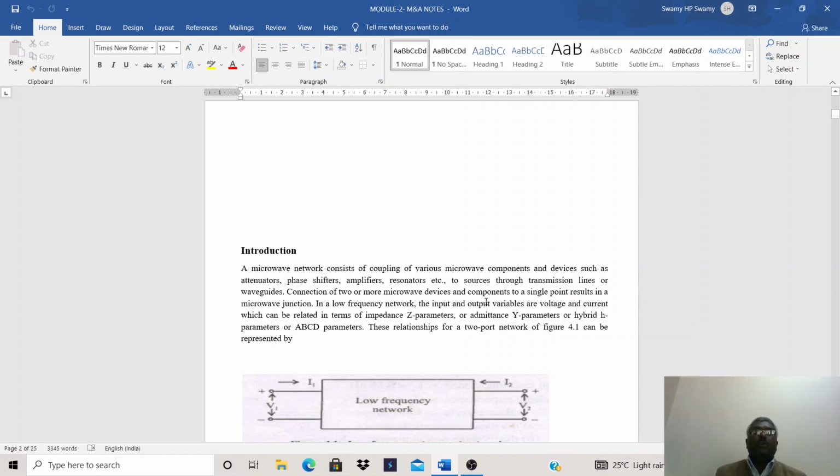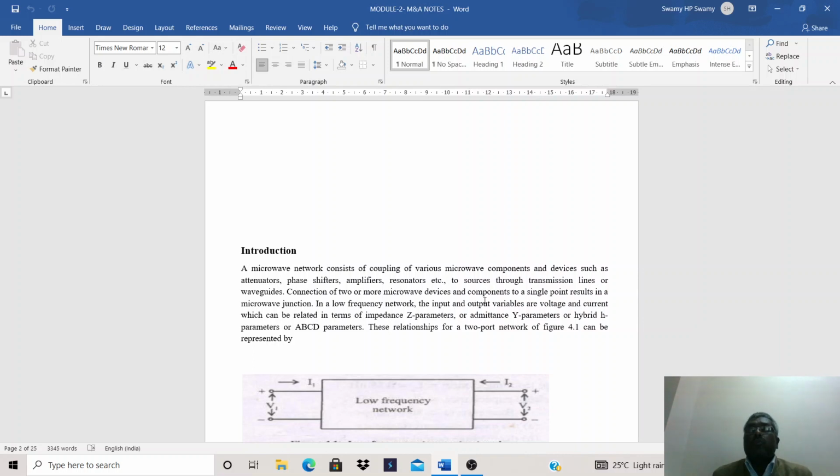A microwave network consists of coupling of various microwave components and devices such as attenuators, phase shifters, amplifiers, resonators, etc., connected to the source through transmission lines or waveguides.